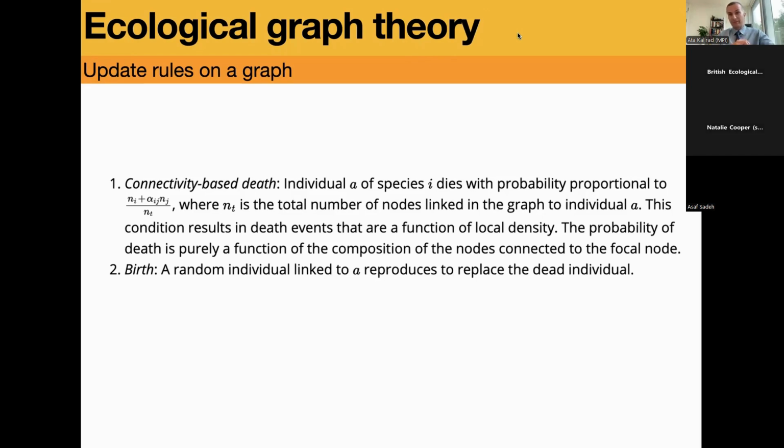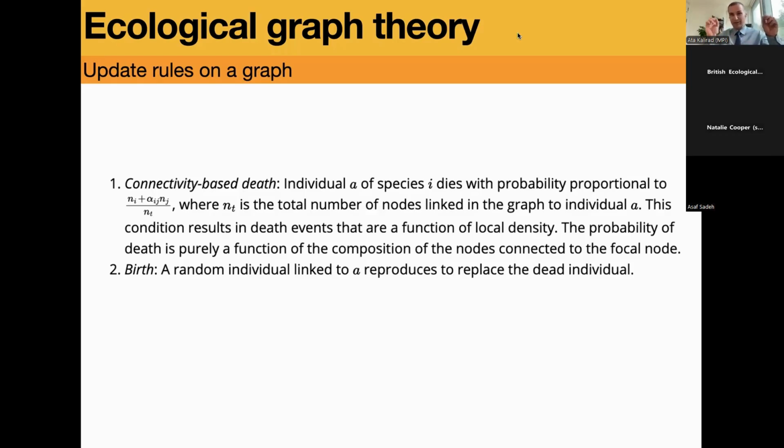For a given individual of a species i, the probability of death is proportional to the expression N_i plus alpha_ij, where alpha_ij means the effect of species j on species i, multiplied by N_j and divided by N_T. What it means is that, depending on the competition parameter alpha, the death probability is a function of the identity of nodes.